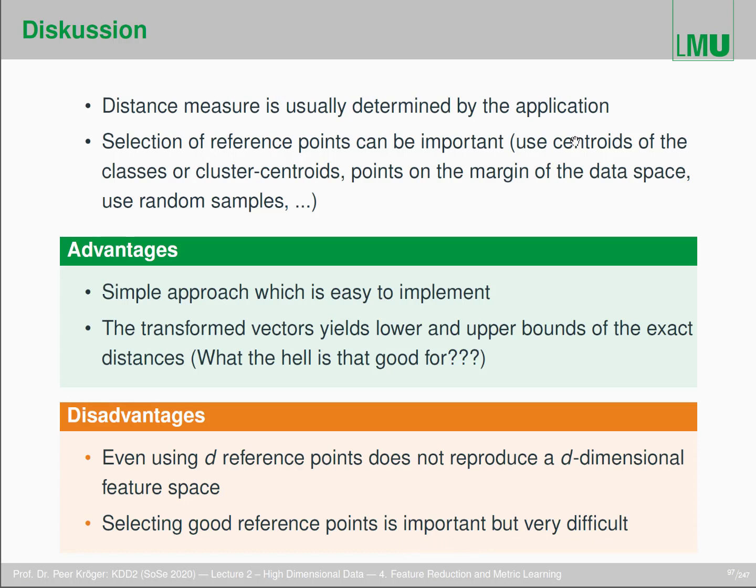There's a lot of trial and error with different reference point selections, which is a kind of meta parameter which you can try to optimize, of course. So it is easy to implement, a simple approach. Sometimes simplicity has some kind of beauty, but never underestimate the disadvantages here.